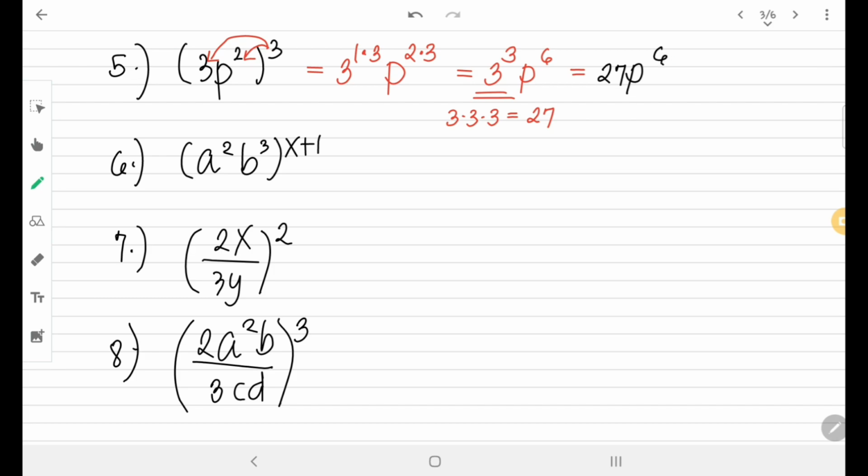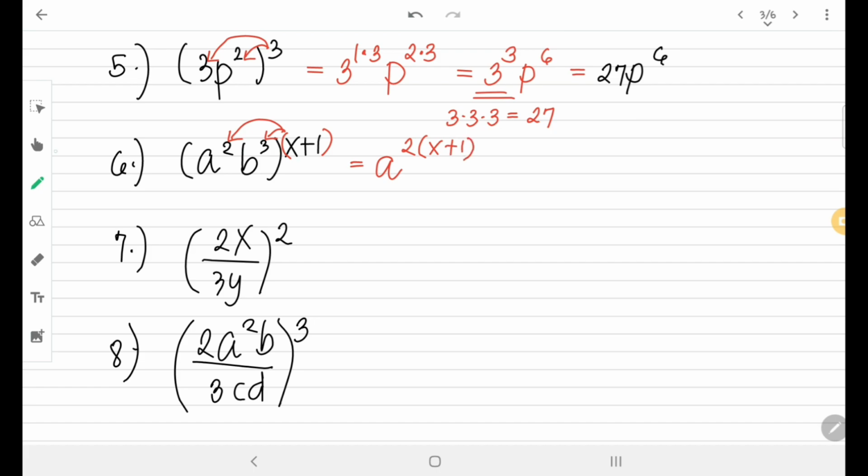Okay, so let's apply it again here. This, we distribute. So, again, what that means is this x minus 1, a binomial, we will be multiplying it with the exponent inside. So, we get a raised to 2, we multiply by x plus 1.